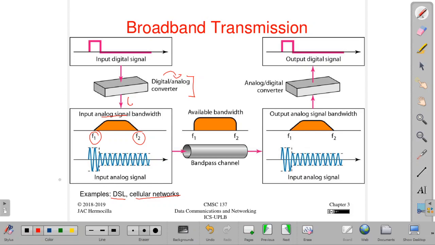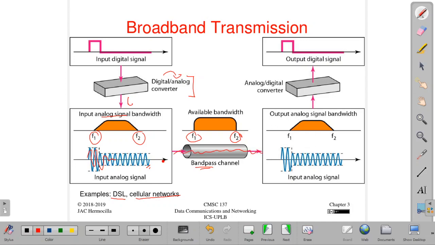So this will be an analog signal. Notice that it is now a sine wave. Then if we have this band pass channel, it has this bandwidth. So after changing, this analog signal will now travel to the transmission media.